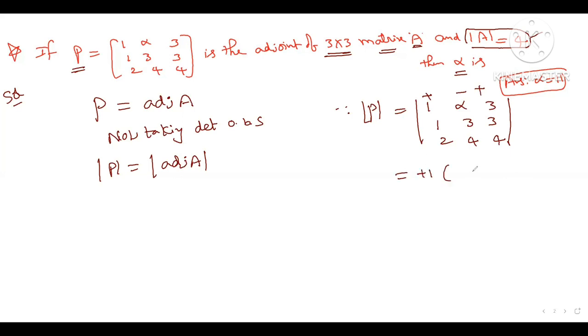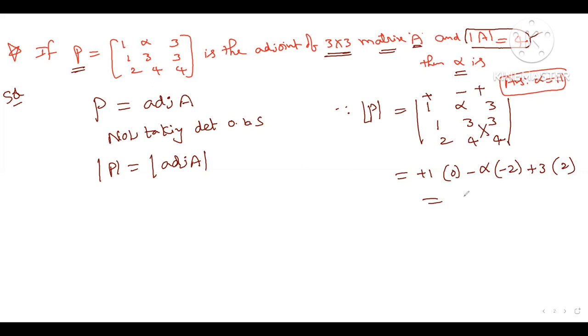So plus 1 into how much? Here 1 is present in first row, first column. After deleting first row, first column, we get this det value is 0. 12 minus 12. Minus alpha times of, here alpha is present in first row, second column. After deleting first row, second column, what we get? 1 into 4, 4 minus 6, minus 2.